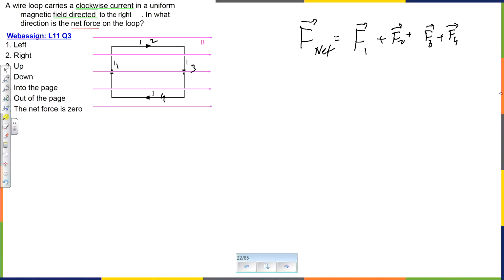So here, current, field, force points into the screen.